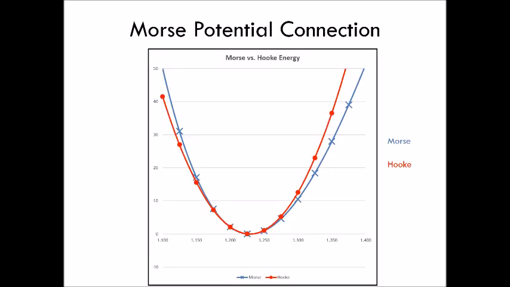Okay, next thing I want to talk about is the Morse potential connection to Hooke's law. Based on your journals, a lot of people don't really understand why we use it or how it's used. The reason that we use Hooke's law is, like we did on that last slide, it is very clearly defined.